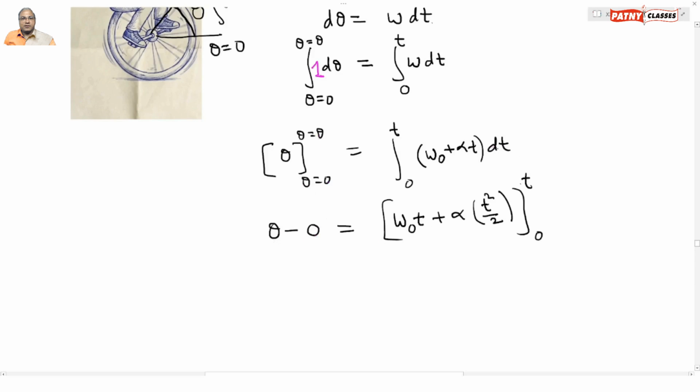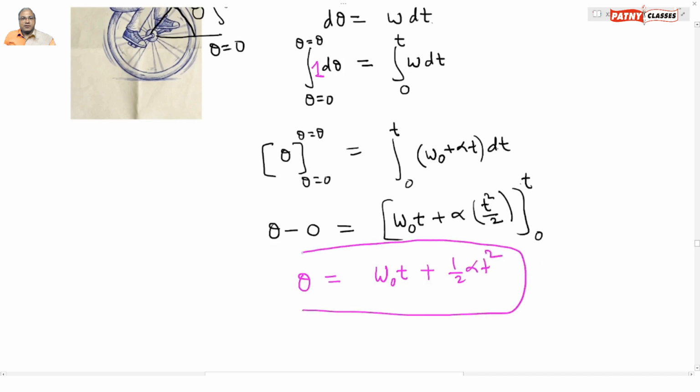In RHS, integrating with respect to t, that is time, integration of omega naught is omega naught t, alpha as it is because it is constant, and integration of t is t square divided by 2. So we get theta equals, applying the upper limit t, omega naught t plus half alpha t square. This is nothing but the second equation of motion of a rotating body.